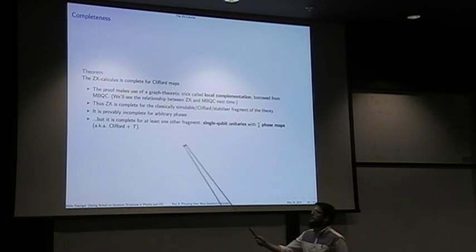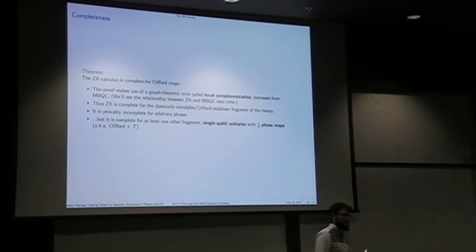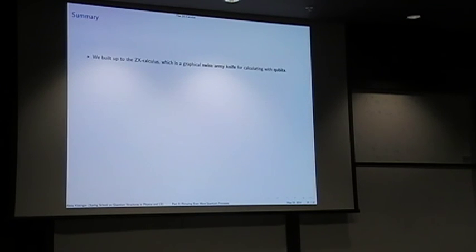So this is like including T-gates, so this is the approximate universal fragment of the language. But it's totally unknown whether the n-qubit approximate universal case is complete or not. So that's kind of the note I wanted to finish on.